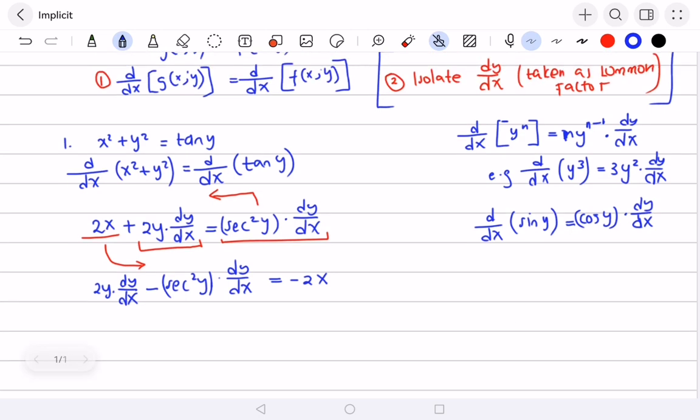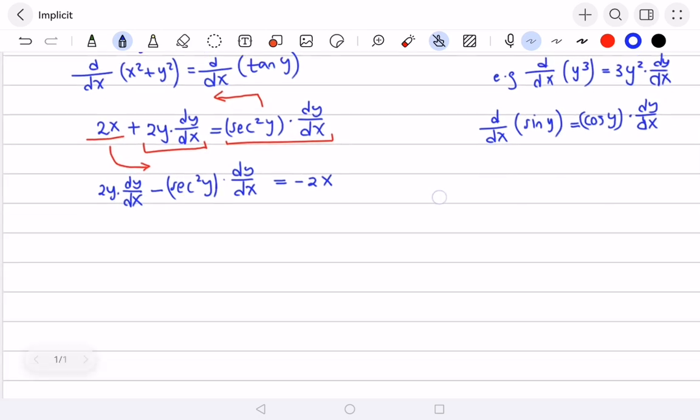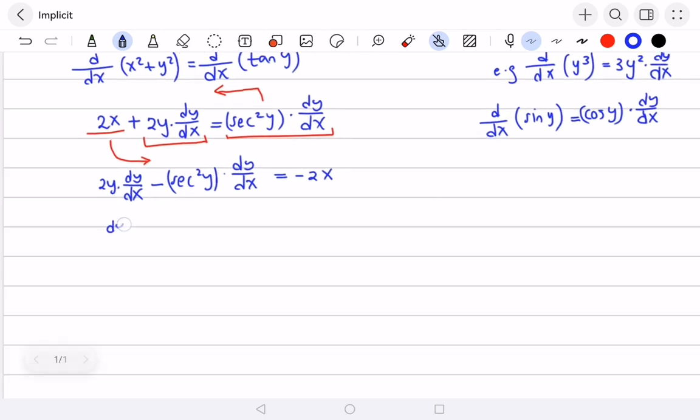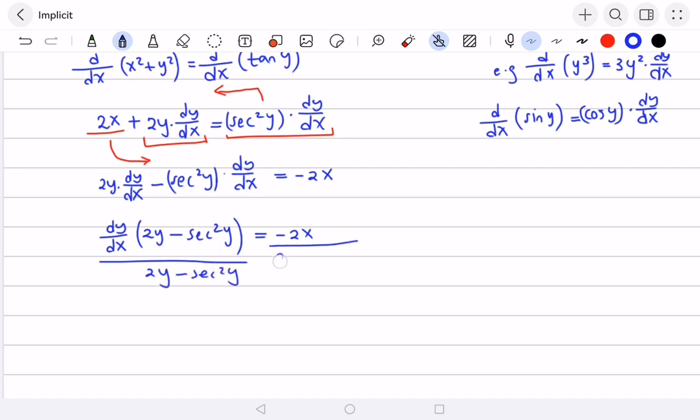Then you have to take dy over dx as a common factor. So we're going to say dy over dx as a common factor. You have 2y minus sec squared y equals minus 2x. Then the last step would be to divide by 2y minus sec squared y on both sides.